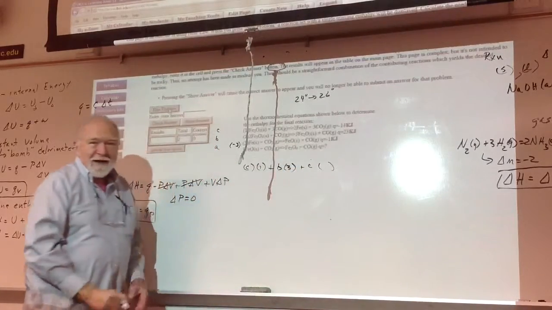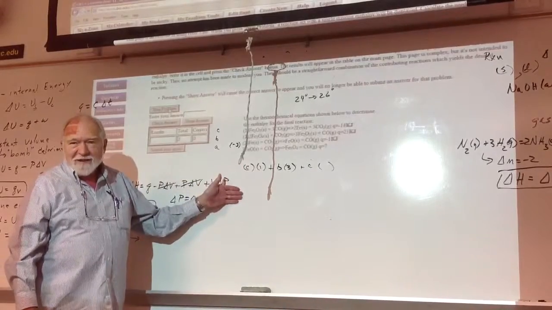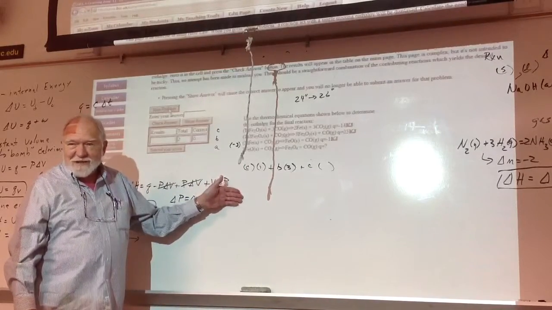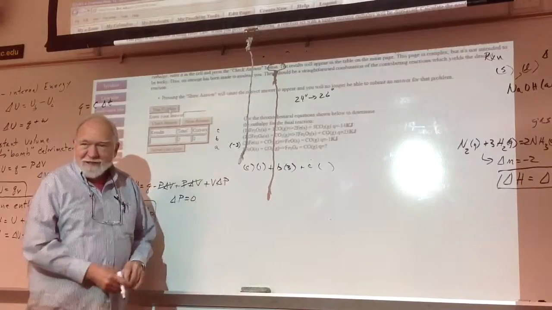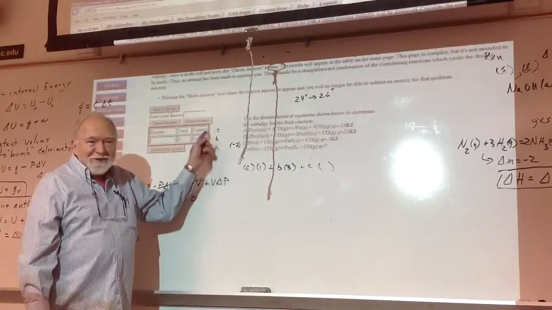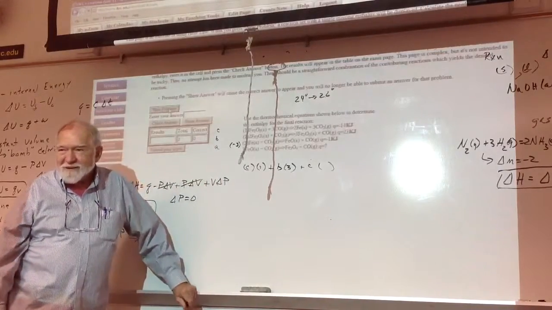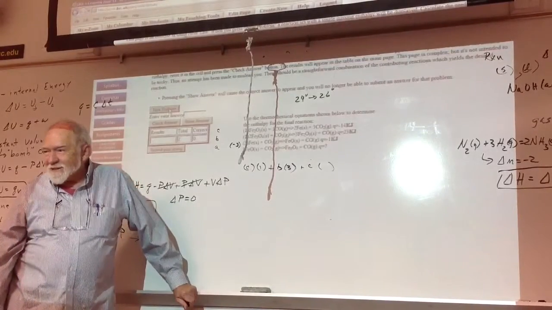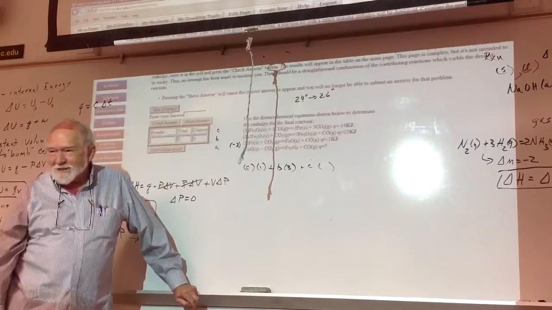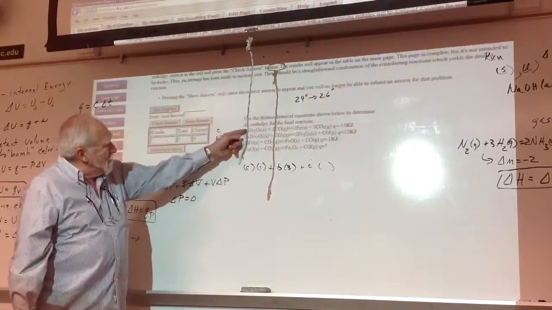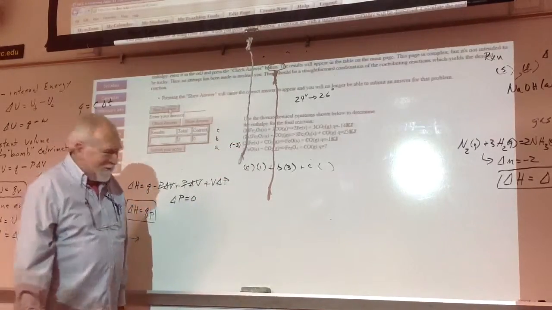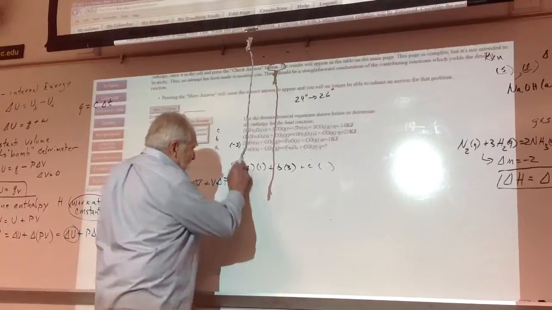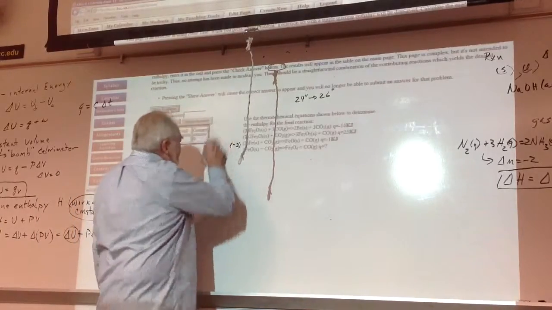And you have enough information to set up what? 3 simultaneous equations. You have 3 unknowns, 3 simultaneous equations. You solve it, and then you'll know what these multipliers are. Most of the time we give you ones you don't have to do that. But that's how you would do it if all the molecules were in all of the different equations. But fortunately, that's not going to happen.